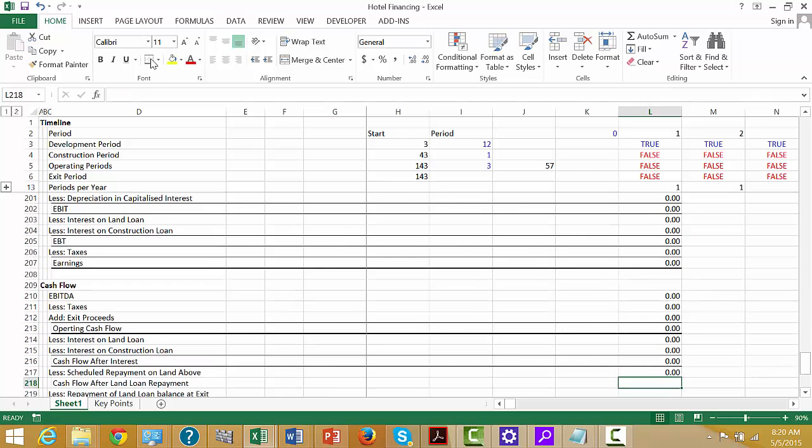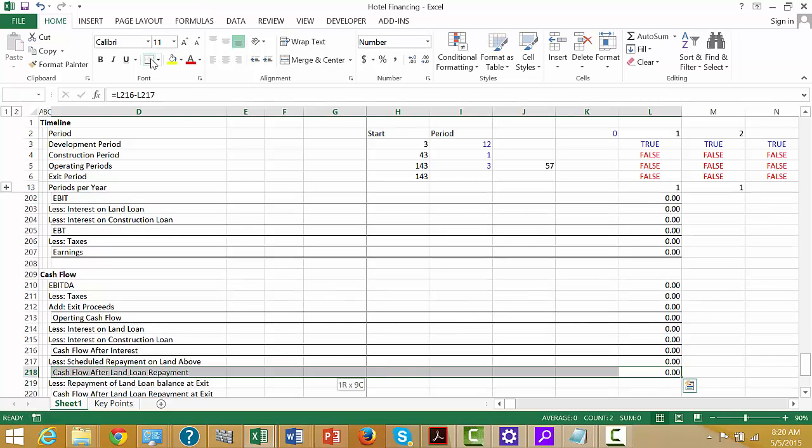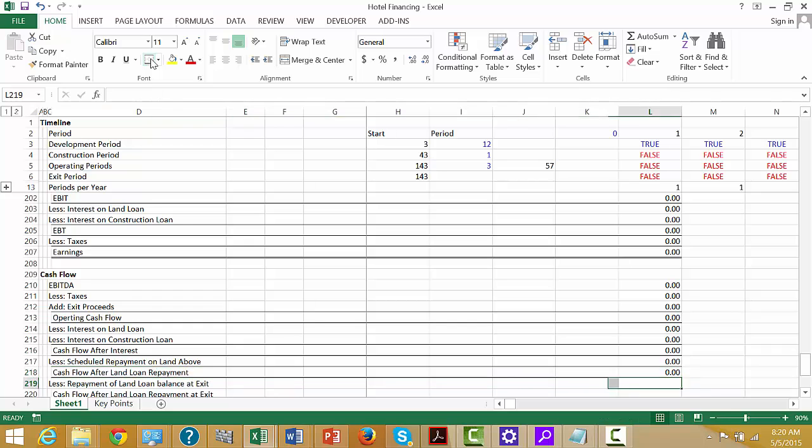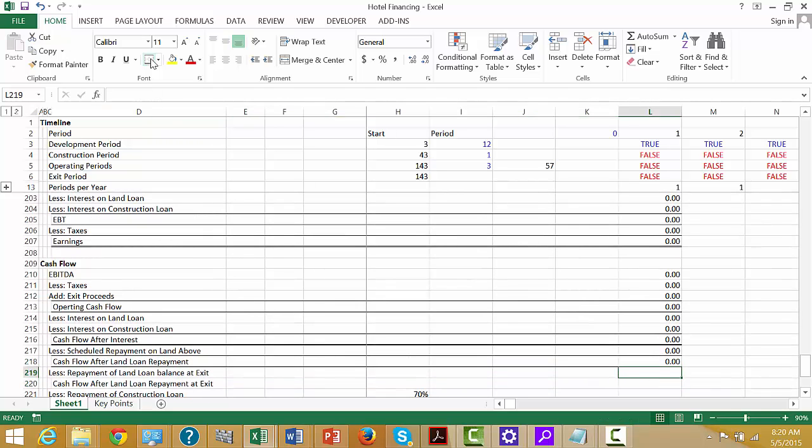Okay, that doesn't begin till afterwards. And then we can get our cash flow after this, which will be another subtotal. Oh, I didn't realize I could do that. And then we can get the cash flow at exit, which is either this cash flow.